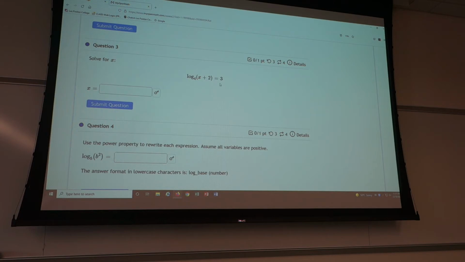Ryan? What's my exponent? I'm not sure. The base is 4. David? When you have a log and you write it as an exponent, you have a base, and then your exponent is the thing that it equals on this side.